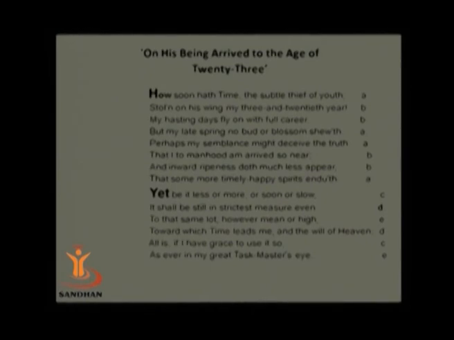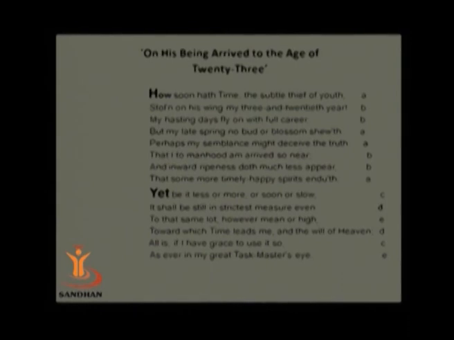But my late spring no bud or blossom showeth. Perhaps my semblance might deceive the truth, that I to manhood am arrived so near, and inward ripeness doth much less appear, that some more timely happy spirit endueth. Again, if we look at these lines, the fifth line ends with the word truth, the eighth line ends with the word endueth.